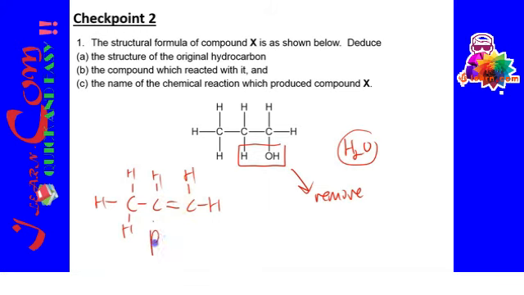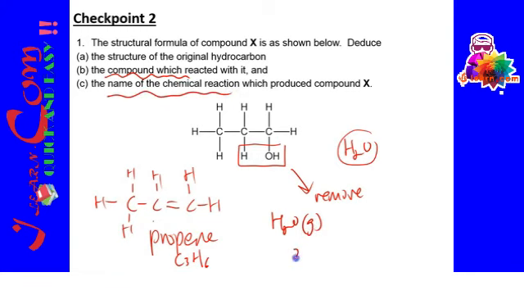This is 1, 2, 3 carbons, so this is called propene, C3H6. The compound which reacted with it would be H2O gas or steam, and the name of the chemical reaction will be steam addition. We can also call this hydration, because you're adding water, so a hydration reaction.